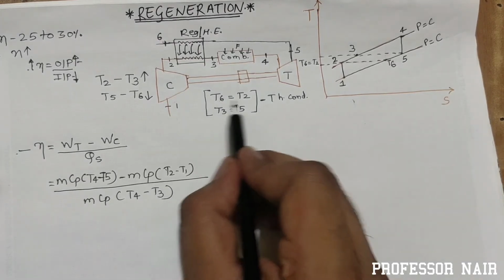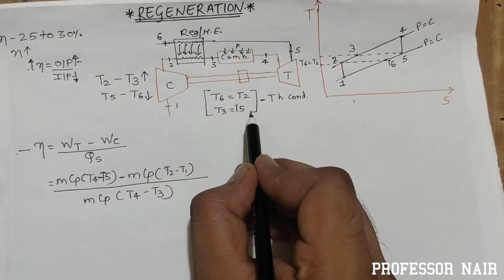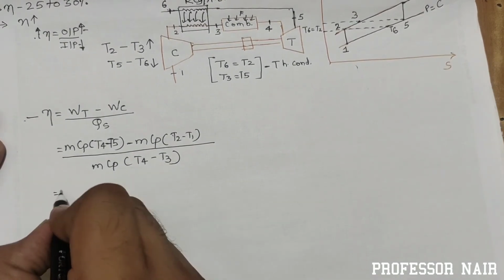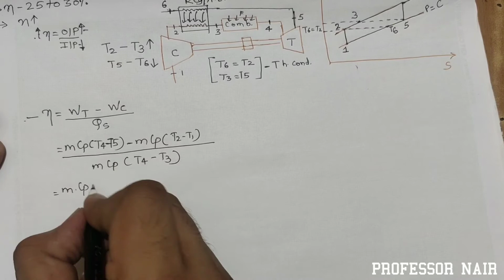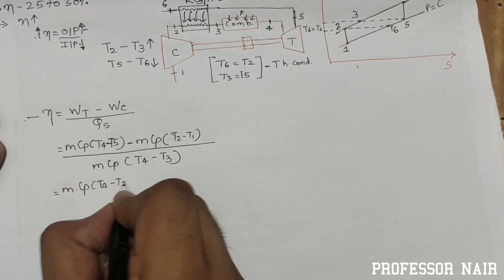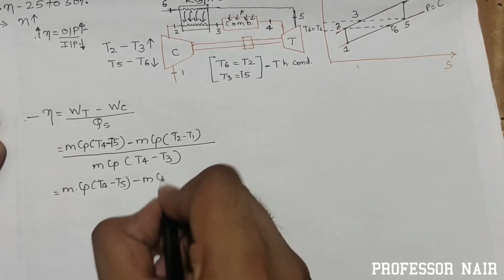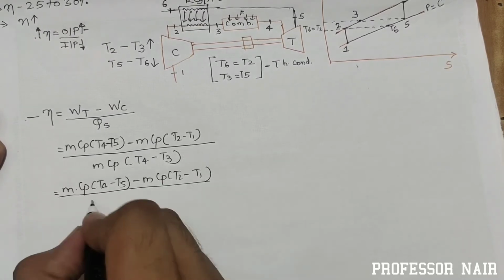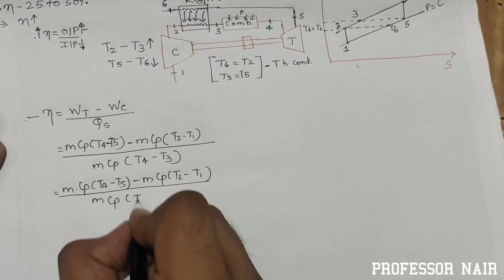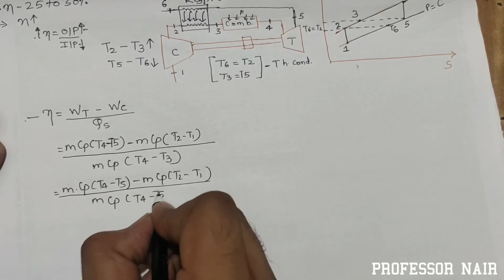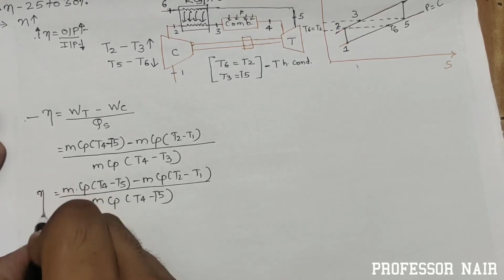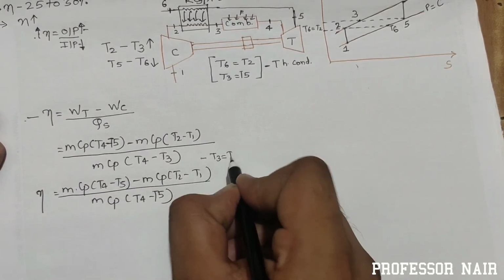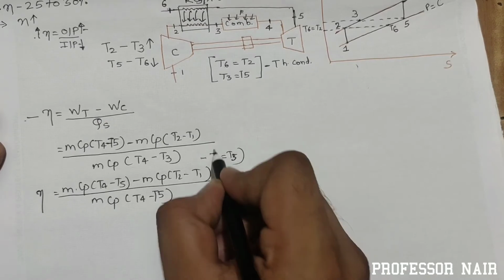As we all know, for ideal, T3 should be equal to T5, so substitute here T3 equal to T5. So I will write this equation as it is: m Cp (T4 minus T5) minus m Cp (T2 minus T1) upon m Cp (T4 minus T5). This is efficiency, because ideally T3 should be equal to T5.